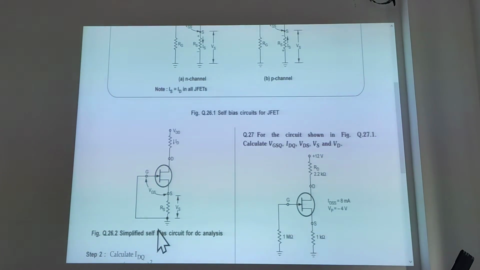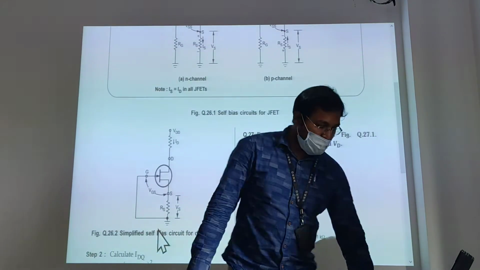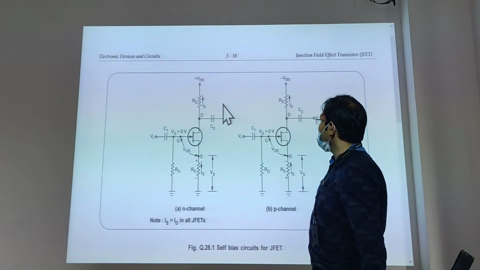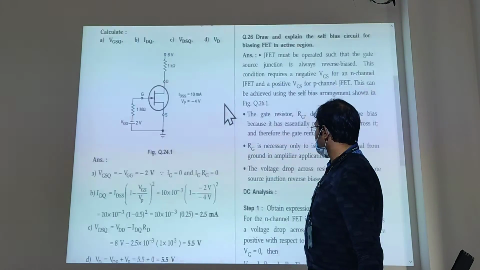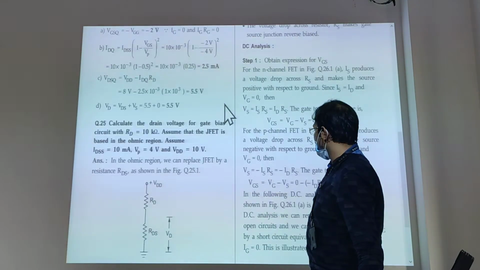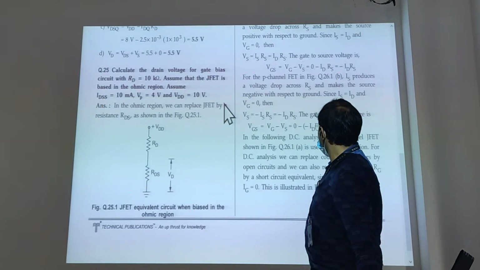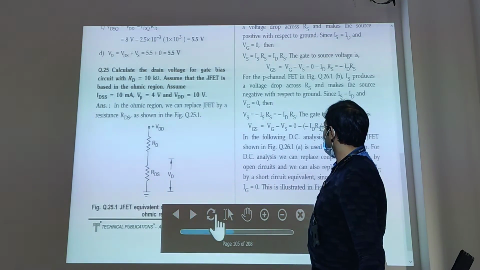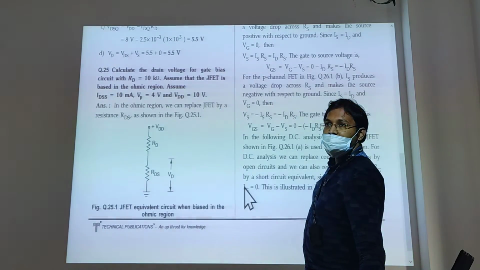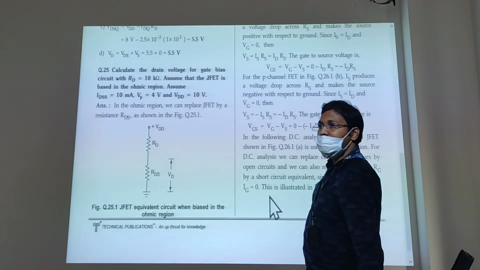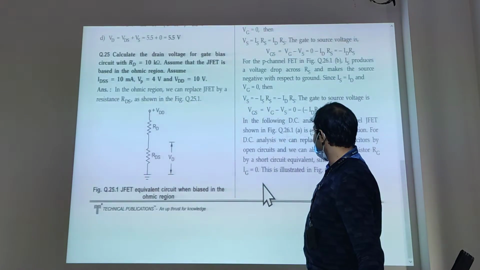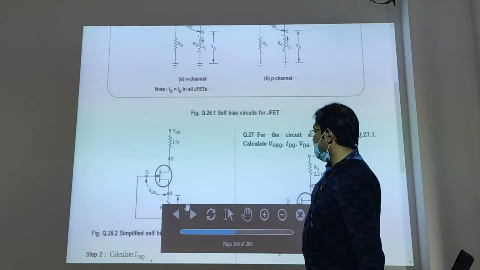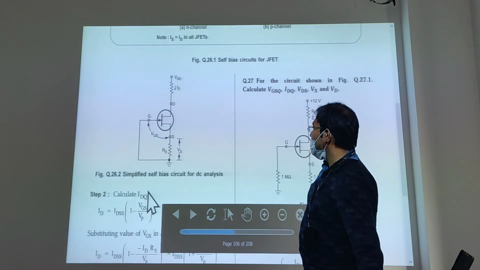How to analyze this circuit? Next, we can replace coupling capacitors, then RG. Why are we doing RG short circuit? Because Ig is 0. This is shown in figure 26.2.